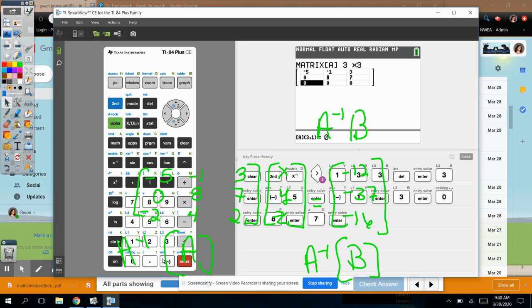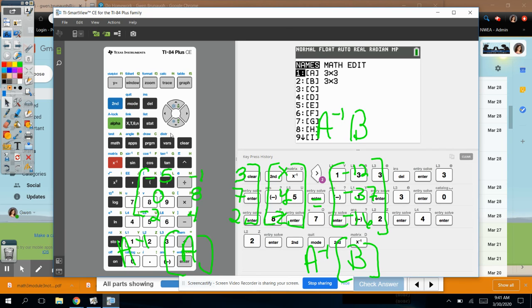Is that a -2? 4 and 2. Okay, I think this is it, guys. Then second quit. Okay, second matrix. Now we're going to enter B. Go over to edit. B is going to be a 3 by 1.